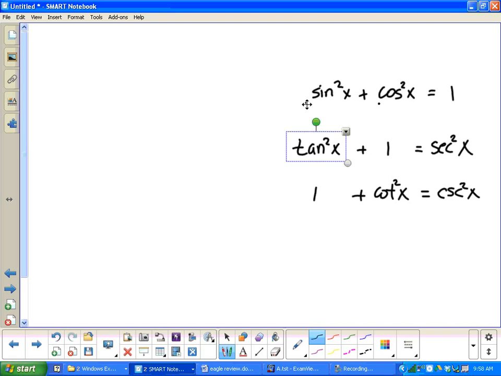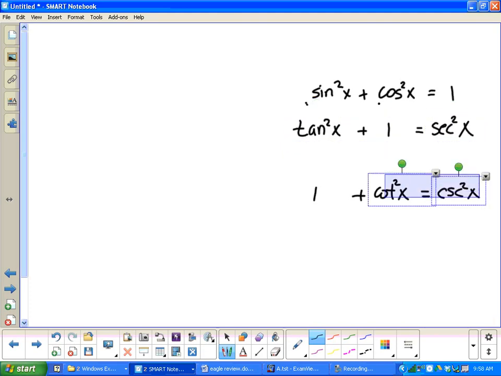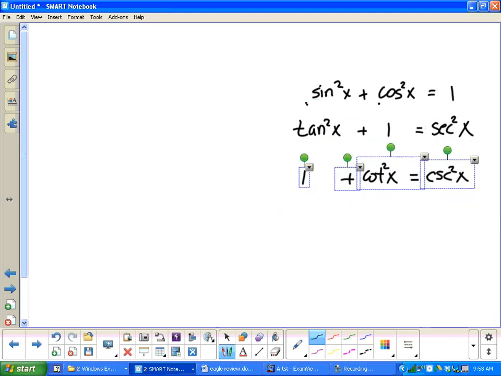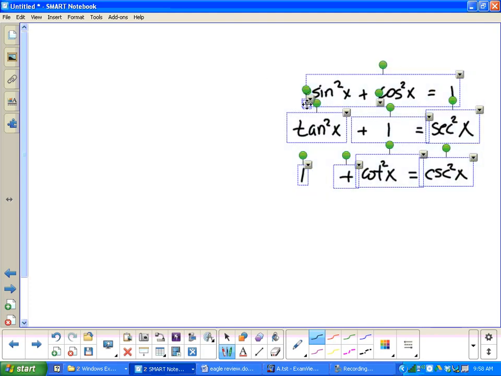Let me do this real quick. Scrunch them a little bit tighter there. I'm going to paste this on every page that I do here.